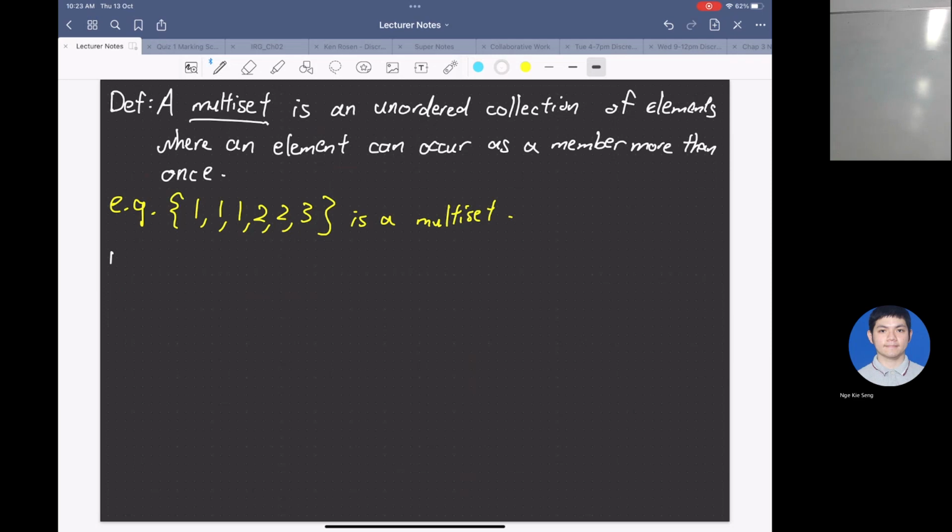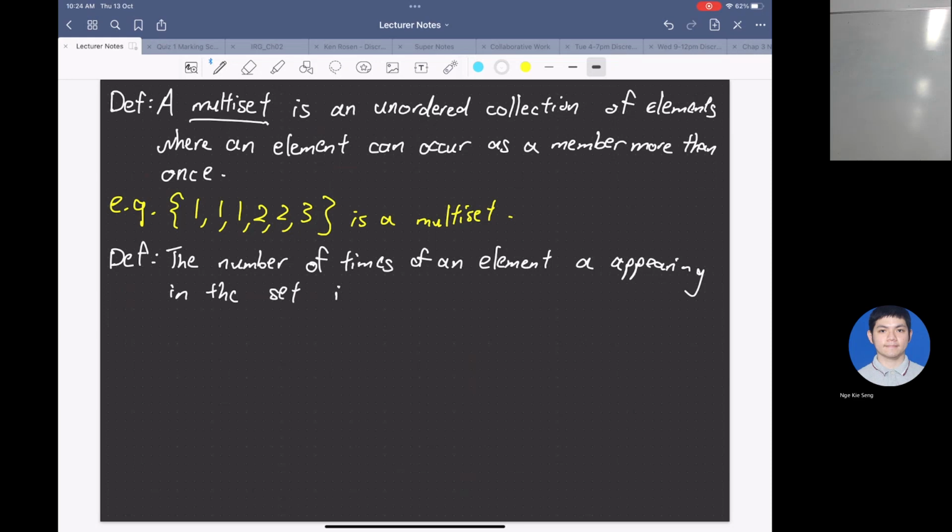Okay. Next. So we would like to say how many times an element appears inside this multiset. So we'll call it the multiplicity of the element. The number of times it appears in the set is the multiplicity of A. Okay.